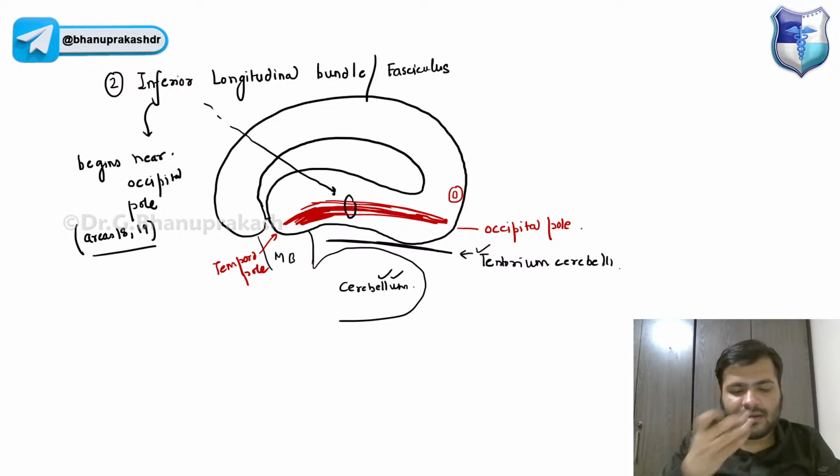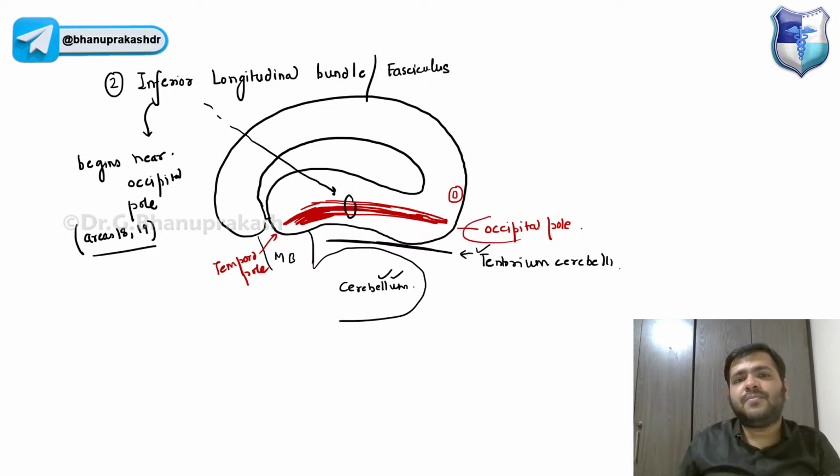So remember, it connects the different cortical areas of the tentorial surface together. नीचे वाली surface को क्या बोलते हैं? Tentorial surface. Occipital pole और temporal pole दोनों को आपस में connect करती है.